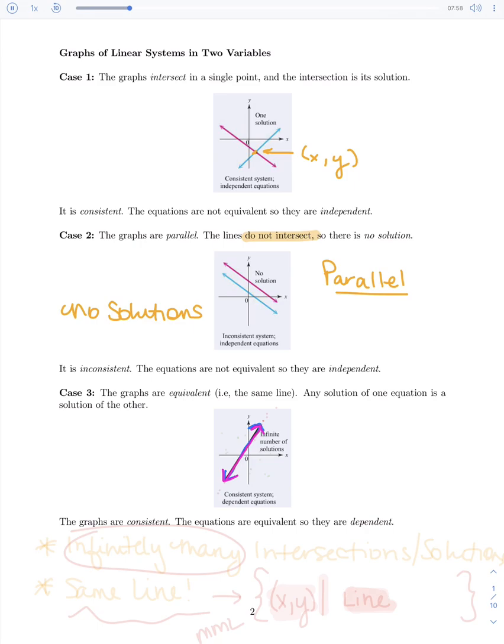So we have infinitely many intersections, or solutions, because they are the same line. It's one way of saying it also, that they are the same line.